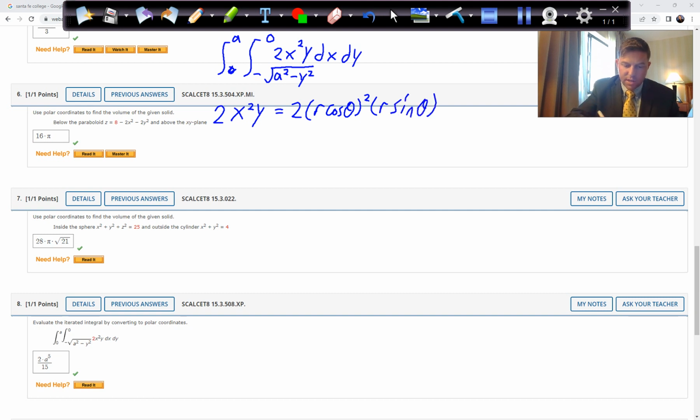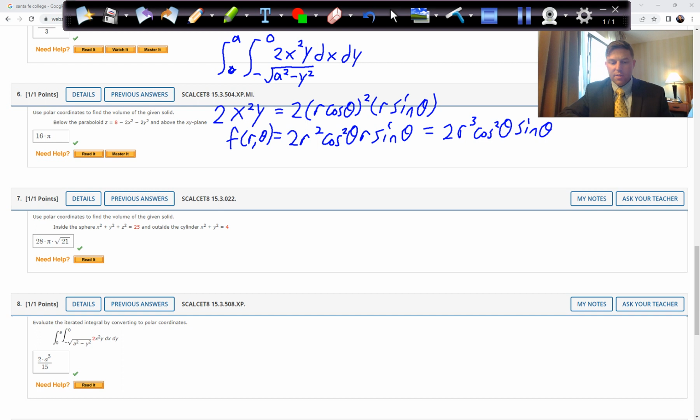So this is 2 r squared cosine squared theta times another r sine theta. So what we're integrating is actually 2r cubed cosine squared theta sine theta. That is the function with respect to r and theta that we're going to actually integrate.